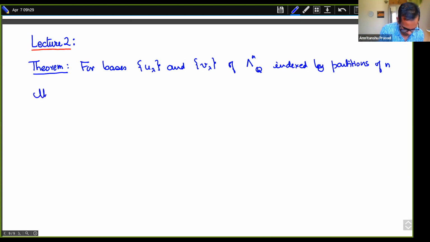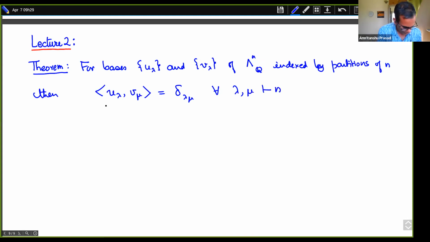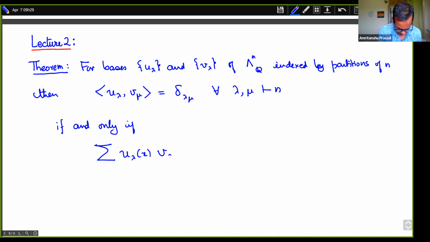Then saying that u lambda and v mu are dual bases with respect to this inner product is the same as the second condition, u lambda x v lambda y equals pi of xy. So these two conditions are equivalent.